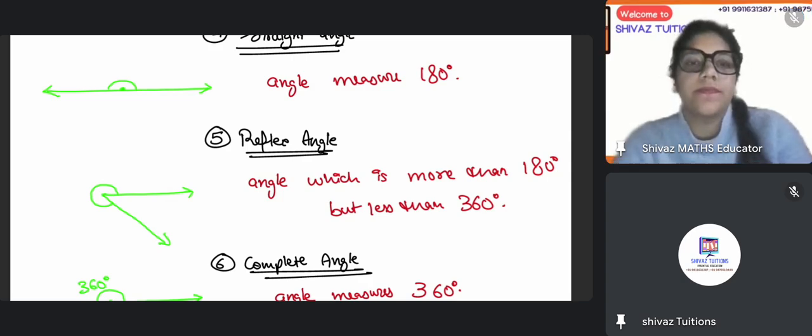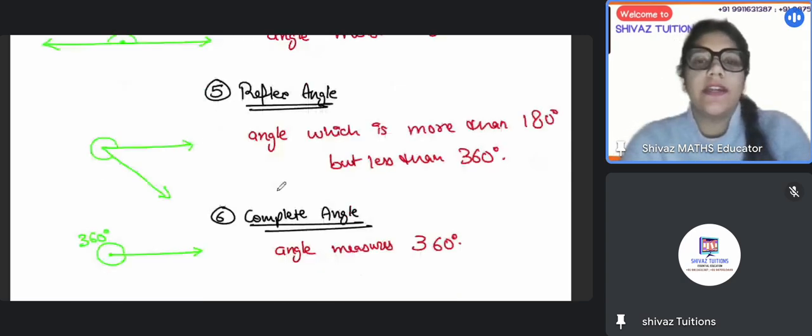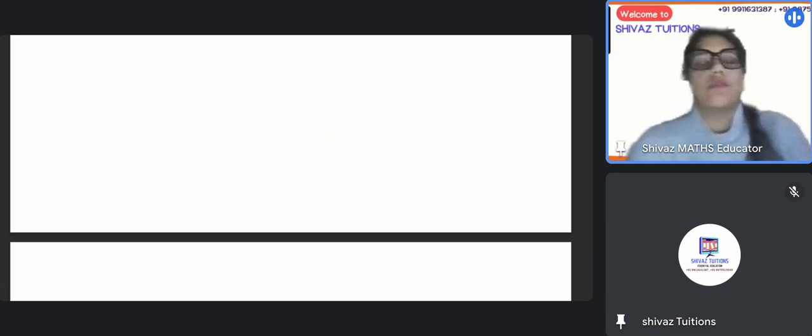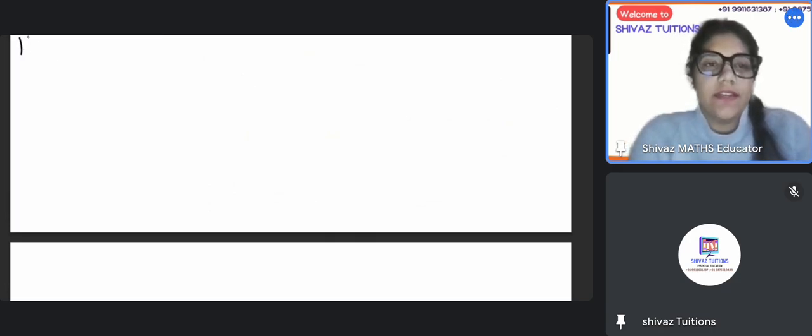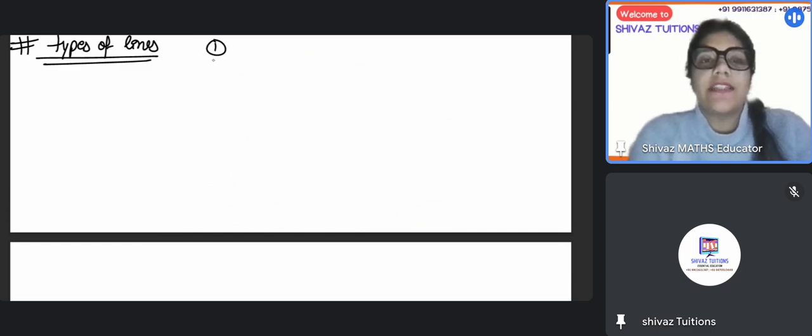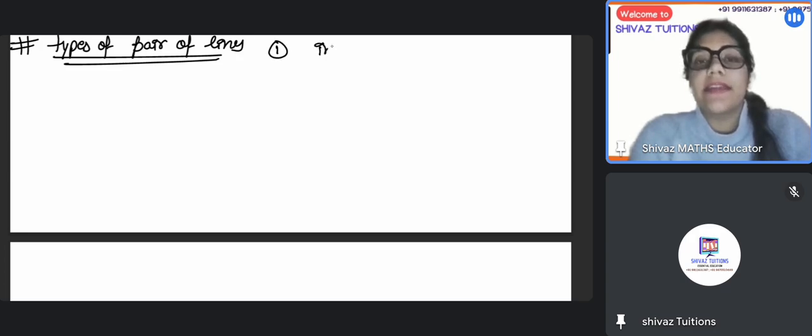Okay, so let us move ahead and understand the types of lines. We have three types of lines basically. The very first type is pair of lines, and the very first is intersecting lines.